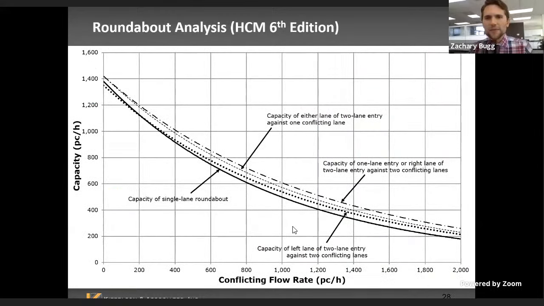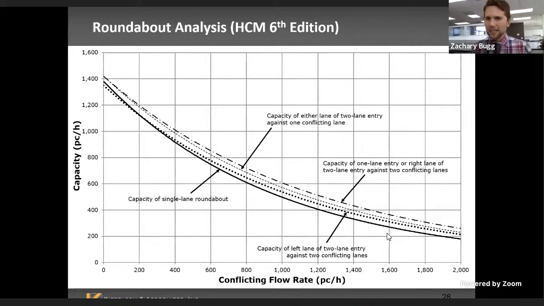There are only 4 curves, and all you need is the entering and conflicting flow for each approach. So you basically take your turning movement volumes, assign them to all the different movements of the roundabout, and then for each leg, you work your way around and look at the conflicting flow through the roundabout for that leg. You come up to this curve, which depends on the geometry.